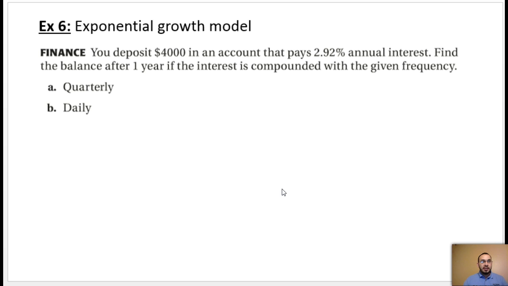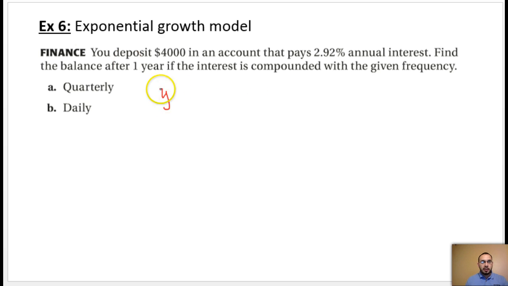Example 6: you deposit $4,000 into an account that pays 2.92% annually. Find the balance after 1 year if the interest is compounded with a given frequency. So we're going to write down our initial formula.